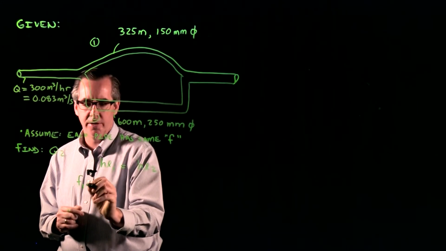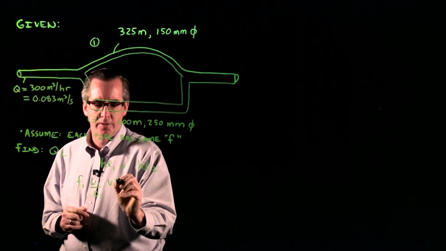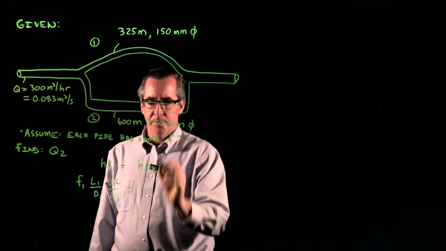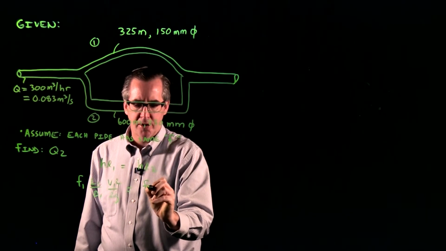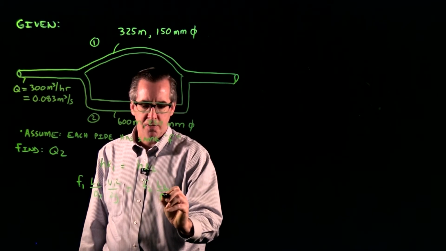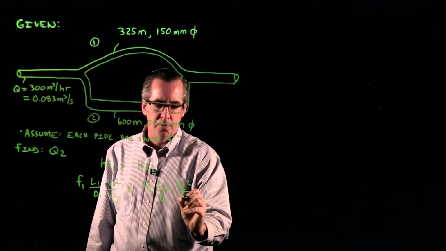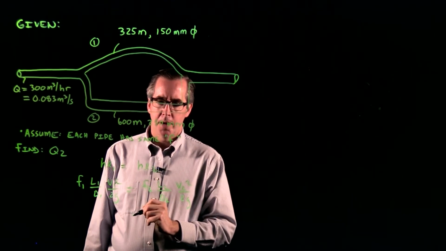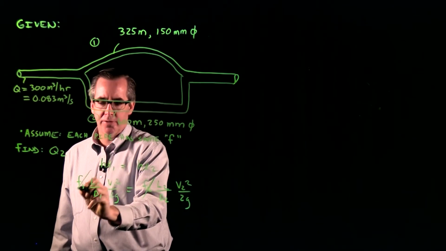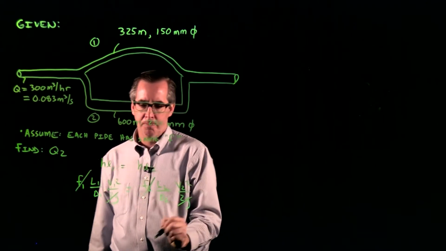We have f1 times L1 over D1, V1 squared over 2g, and for pipe number 2, a similar expression with subscript 2: L2 over D2, and V2 squared over 2g. Assuming we have the same friction factor, we can cancel these terms, and I'm going to cancel out the 2g's as well.